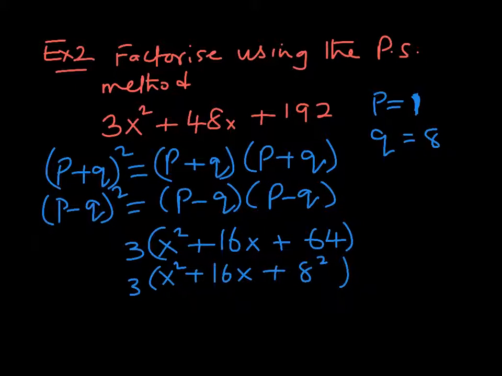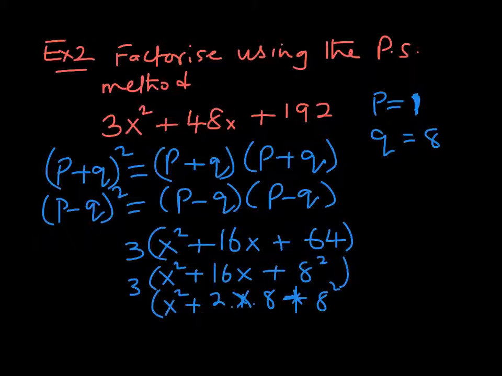Now can we write the middle number as a multiple of 2 of these two numbers? Let's do that. So that's going to be x squared plus 2 multiplied by 1 multiplied by 8 multiplied by x, plus 8 squared.